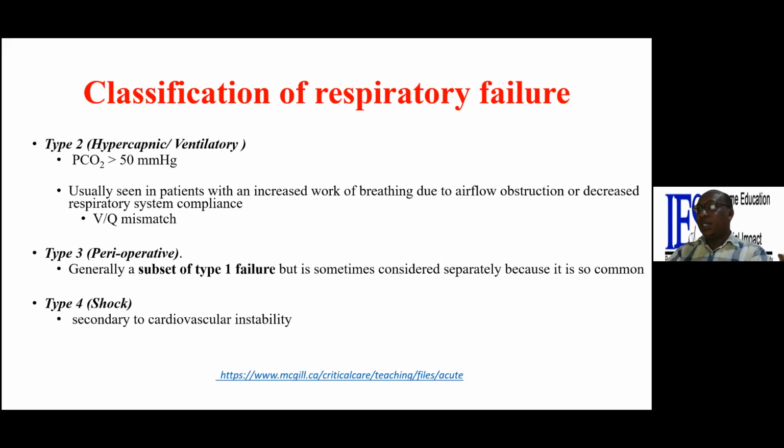Usually we see this condition in a patient with increased work of breathing due to airflow obstruction or decreased respiratory system compliance, especially in patients with asthma or COPD and others. It will cause a perfusion and ventilation mismatch.